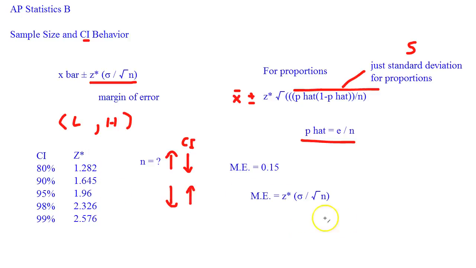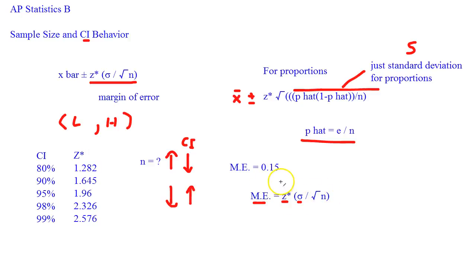Okay, so basically you would work with your margin of error. You would use the z-score that you choose. You would plug in these three parts of the equation, and then you would solve for n.